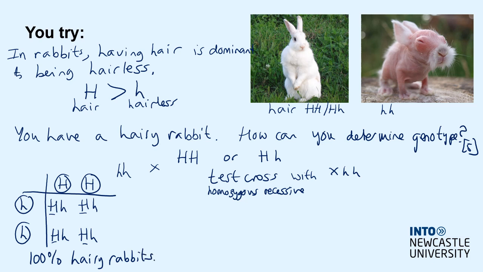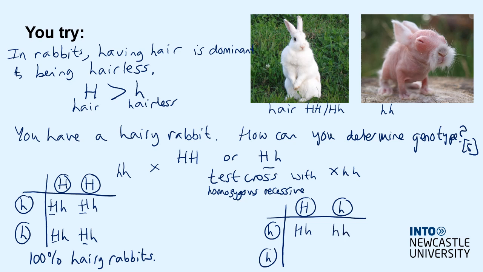However, if your original parent was heterozygous, you'll see something different. Again, heterozygous gametes, like this. Write down your offspring. And in this case, we're saying 50% hairy, 50% hairless.